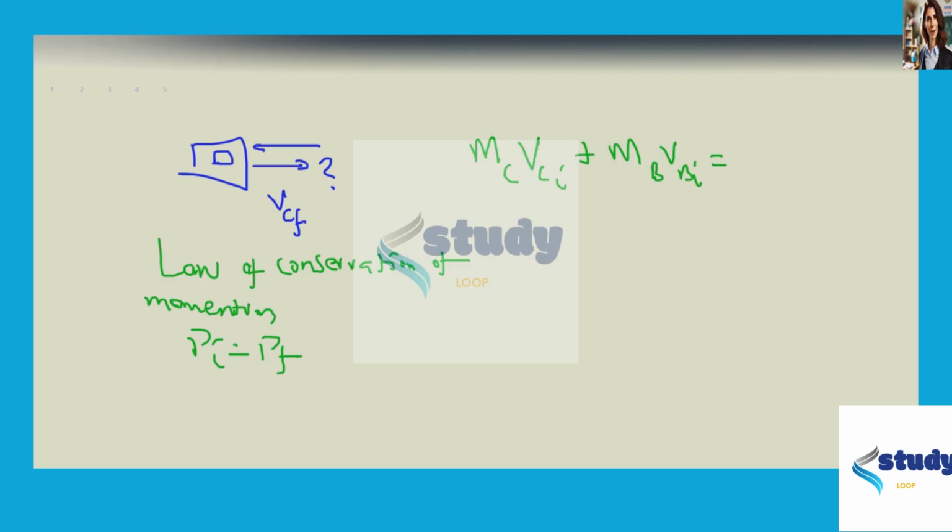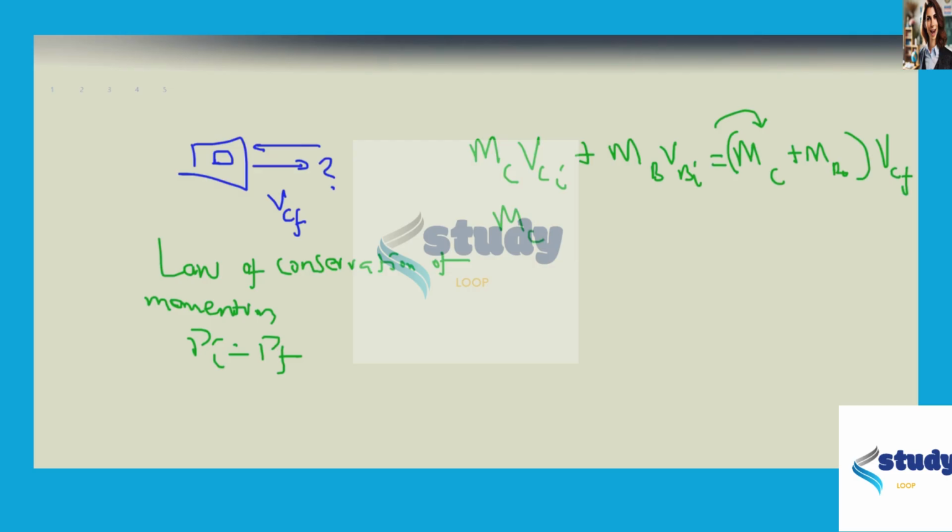Before you throw it, we're asking what the total momentum is. So we have mc plus mb, and the final velocity, because they're going to be together when you throw them together. So this is the final velocity of the car.